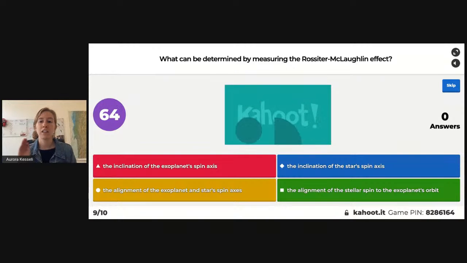So the first one is what's the inclination of the exoplanet spinning? The second one is what's the inclination of the star spinning? The next one is the alignment of the exoplanet and the star's spin. And the last one is the alignment of the star's spin and the exoplanet's orbit. Hopefully those make sense.